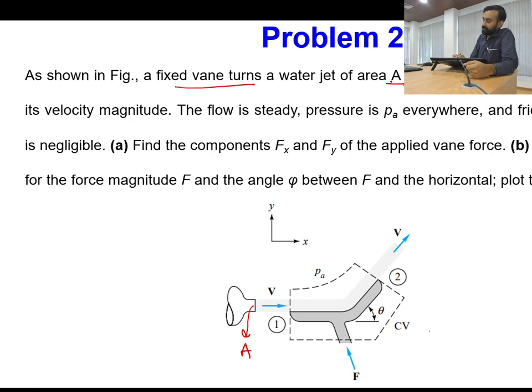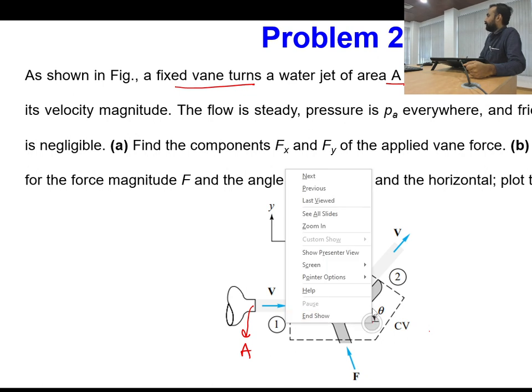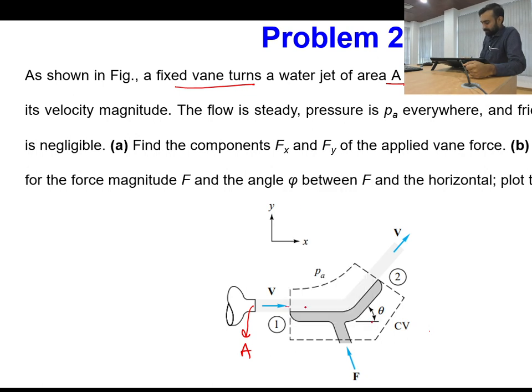You can see a water jet is coming over this vane and then it is turning at an angle theta. Initially this was the direction of motion of the water jet, now this is the direction of motion, but it has been deflected by this vane through angle theta.